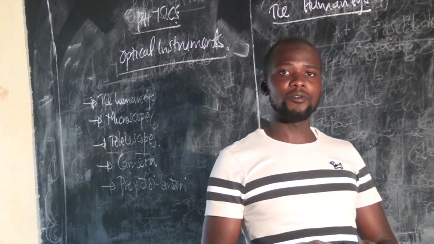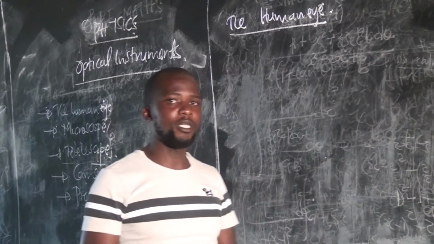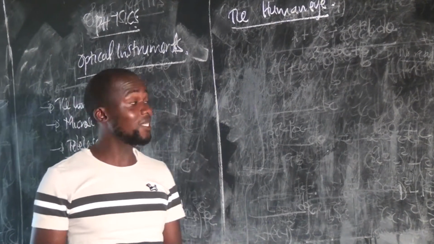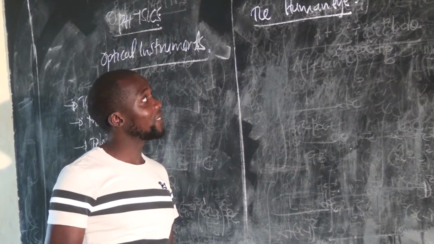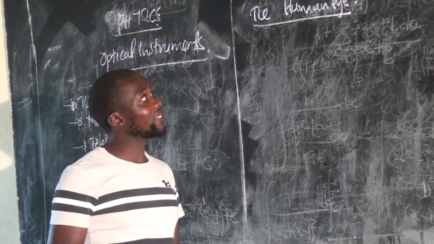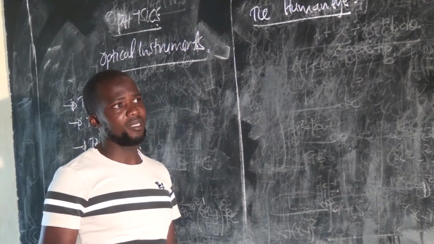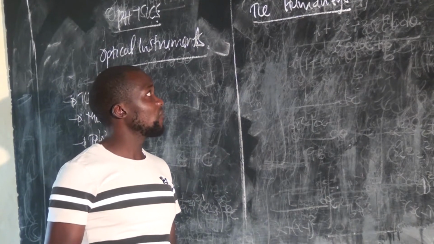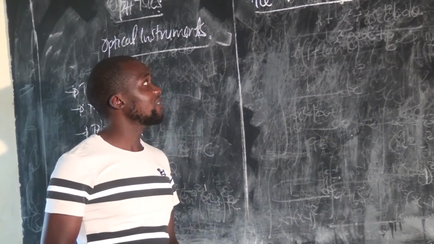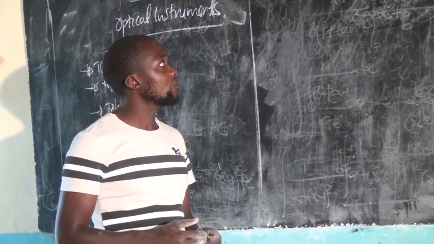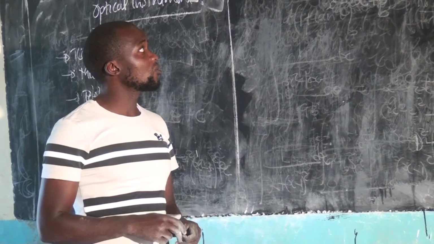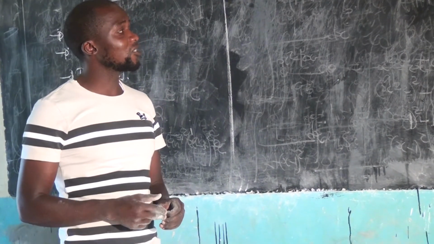In as far as the human eye is concerned, we shall just know what is required, what is asked. And for this human eye, we shall only talk about the eye defects and so on.